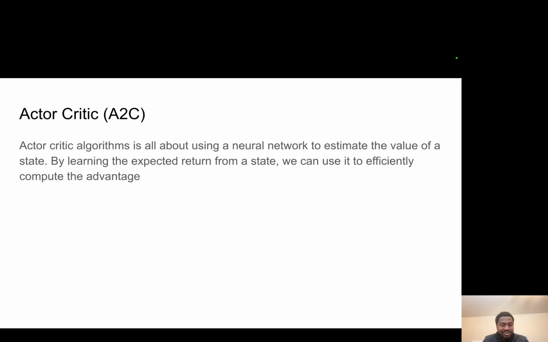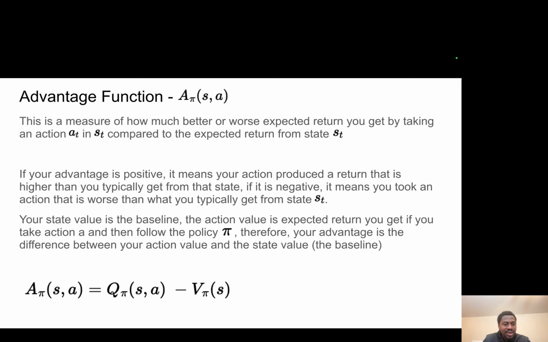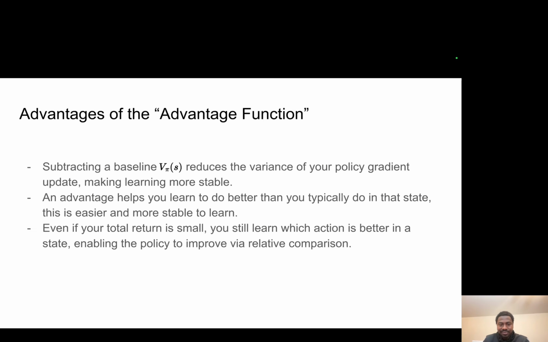So this is the interesting bit about actor critic, because one thing we talked about here is that you've got an action value function and a state value function, and the state value function is, what's your expected return? But how do you estimate that? How do you know how good it is to be in a particular state?